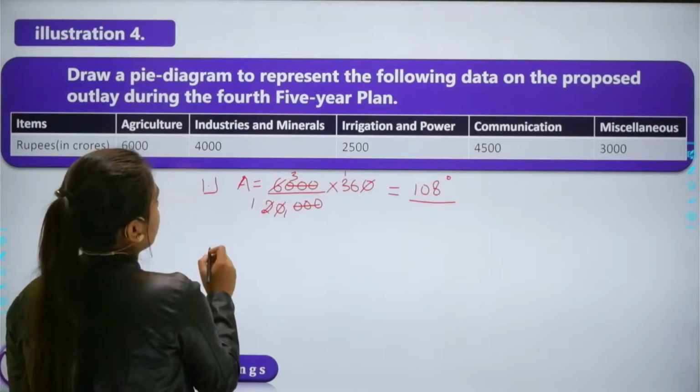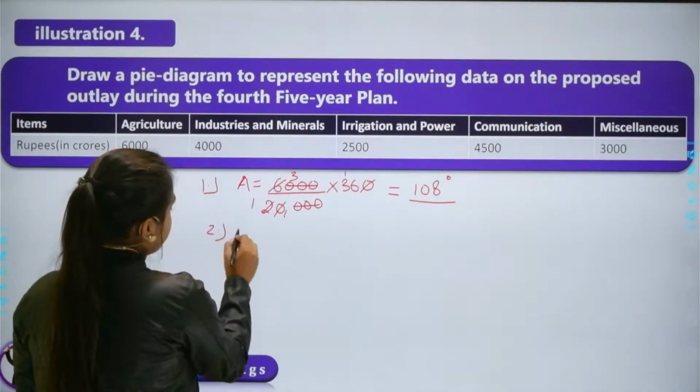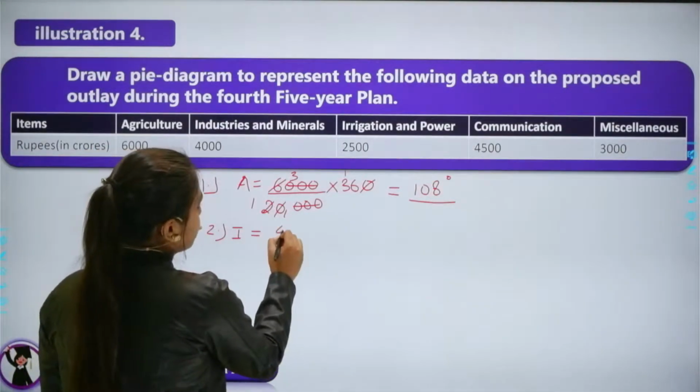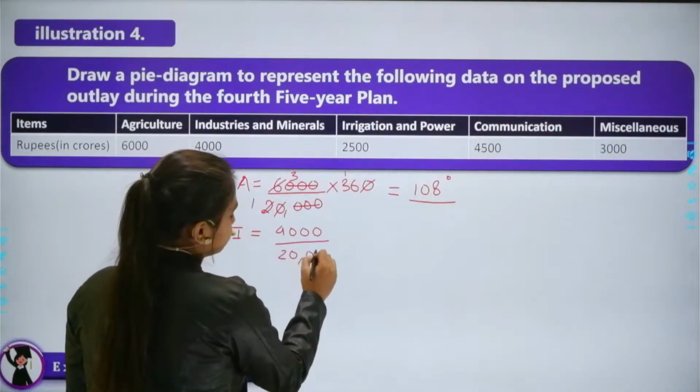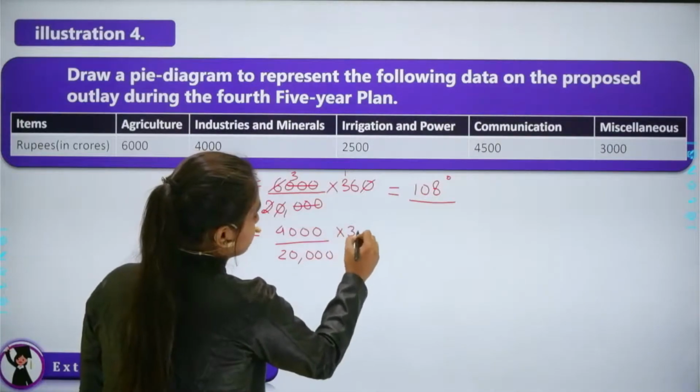Next is industries. For industries we have 4,000 upon 20,000 into 360.